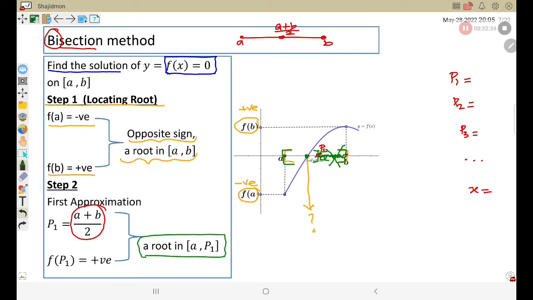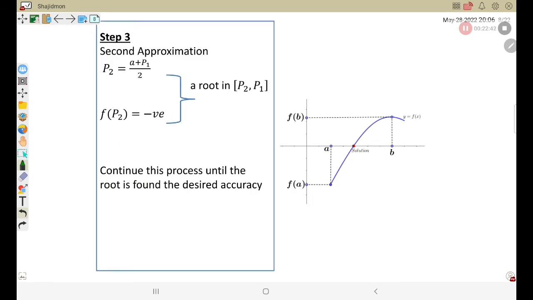Again the computer will rotate this loop. Again add these two numbers, a plus p1 divided by 2. You can see in step 3, a plus p1 divided by 2, because p1 is here. Adding these two numbers and dividing by 2, we get the second approximation of the root.